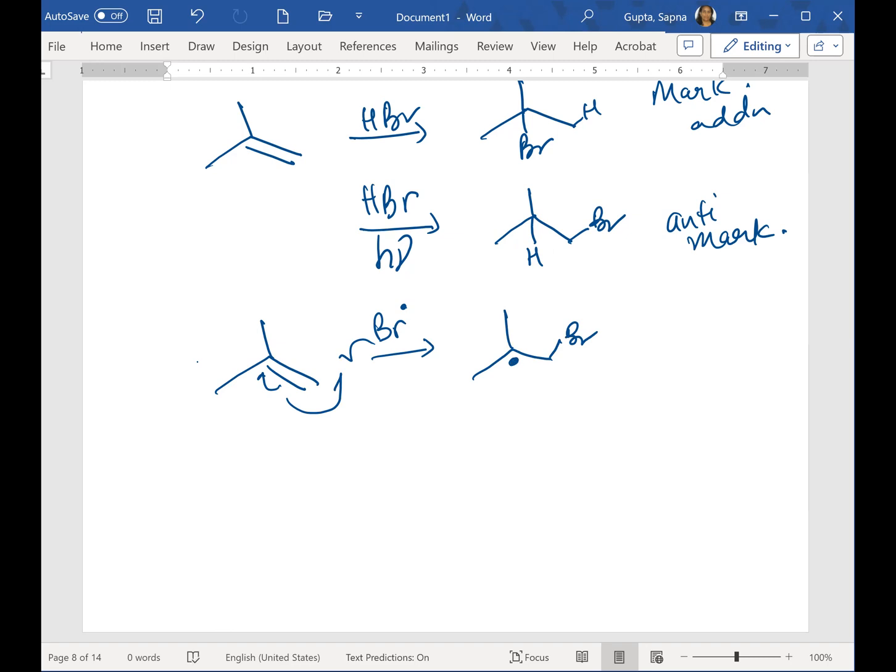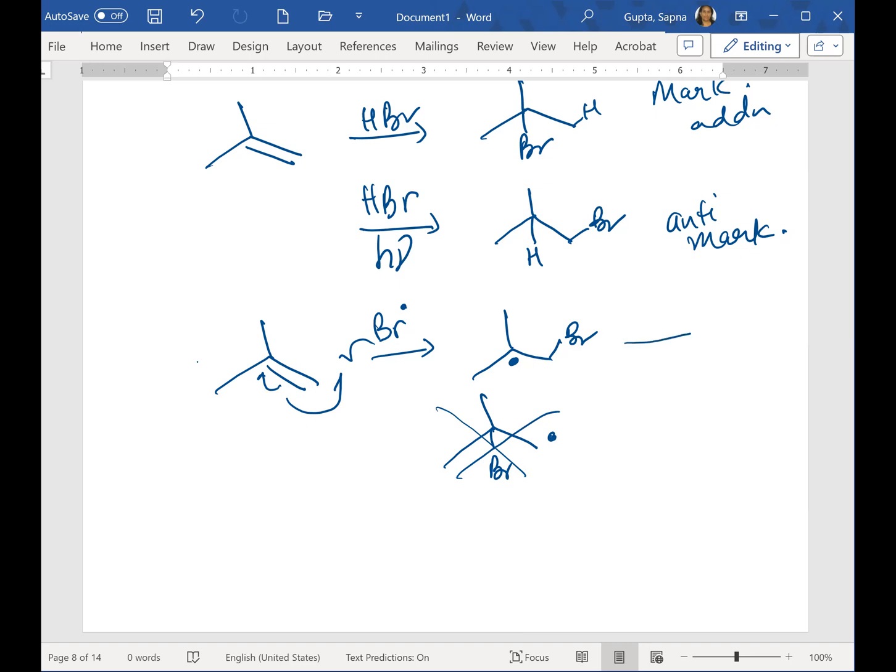This is the main thing, because this shows you that the radical that is more stable is the one that's going to form. The other radical would have been this, right? If Br added here, then the radical would be here. But the radical doesn't form there because that's a primary radical, so this one will not form.